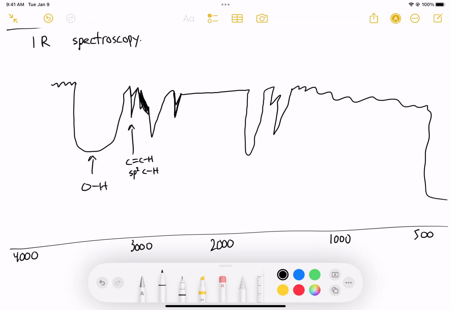All right, this large peak at around 3,000 here is usually sp3 CH, so alkane. This peak that appears a little bit before 3,000 is usually the aldehyde CH bond right there. So maybe we could just point it directly to this carbon.